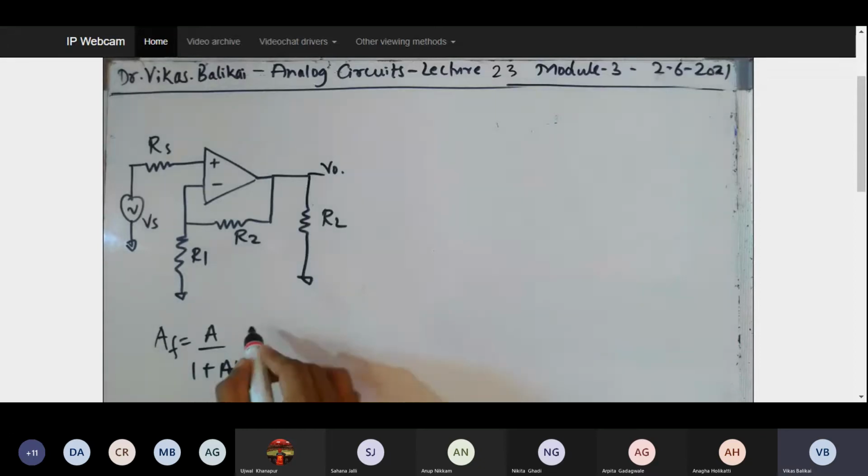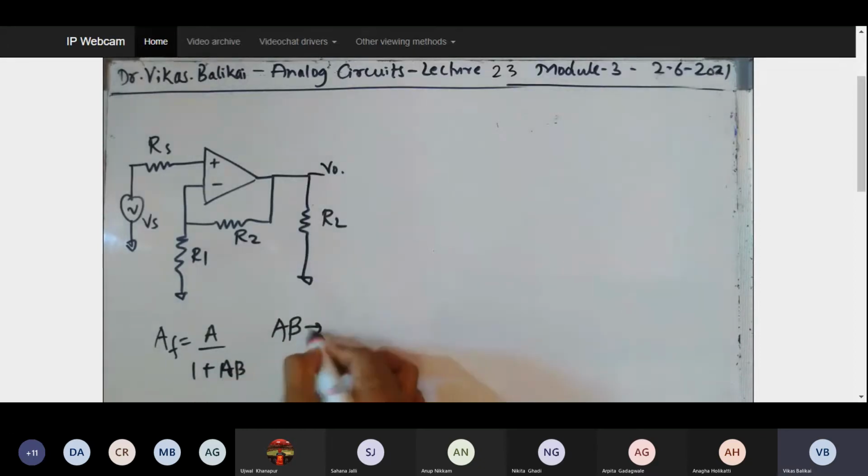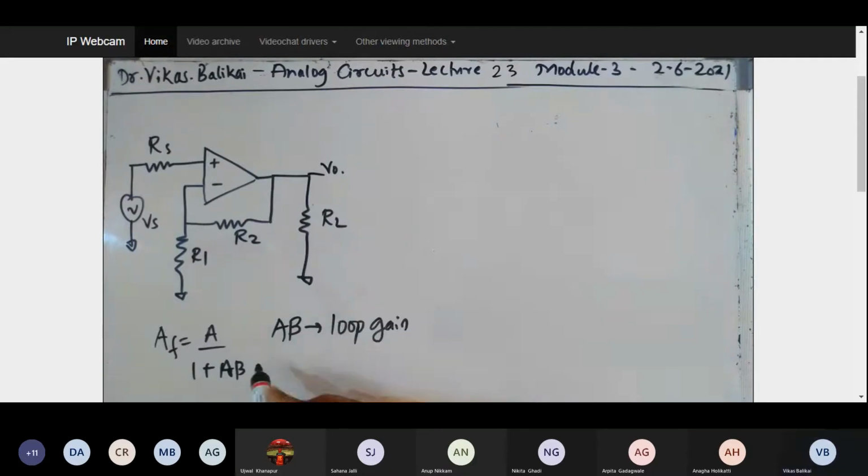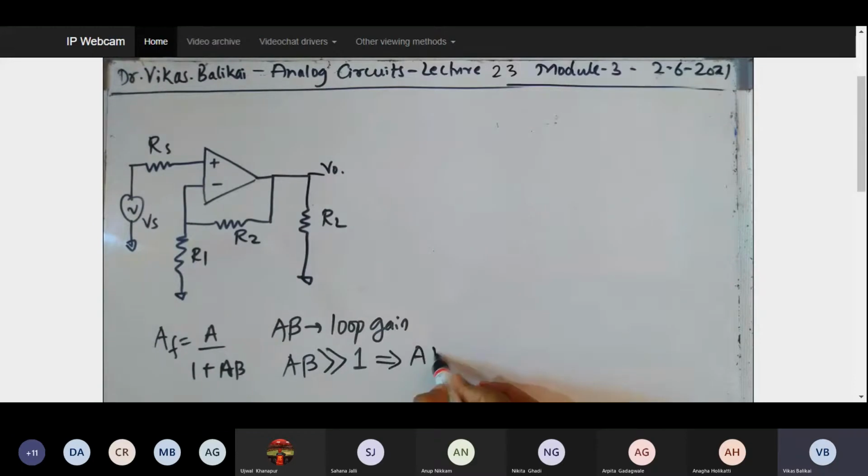A into beta is known as the loop gain, and normally A beta is much larger than 1, which makes A almost equal to 1 upon beta.